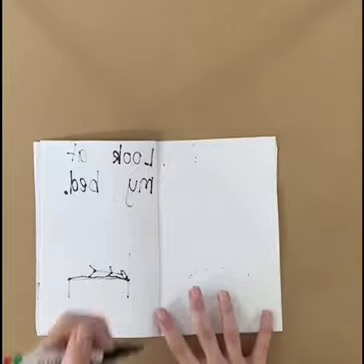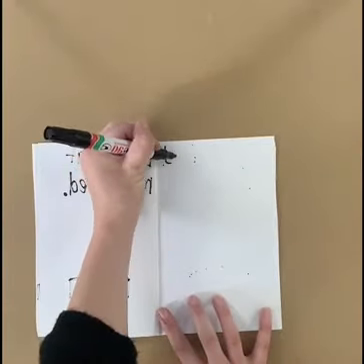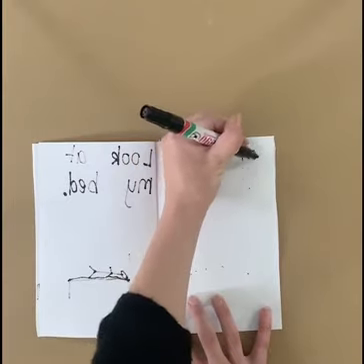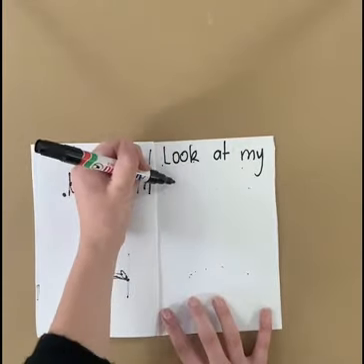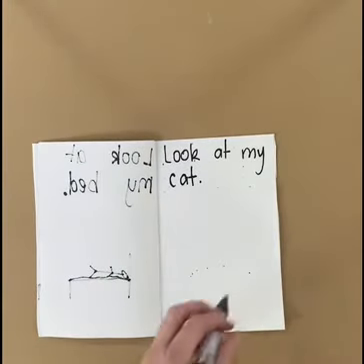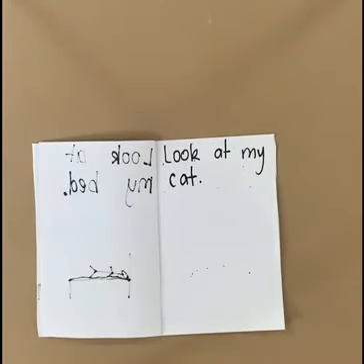I'm going to write look at my cat. And then I'll draw a cat here, okay? So that might be your next sentence, or you could choose a different sentence.